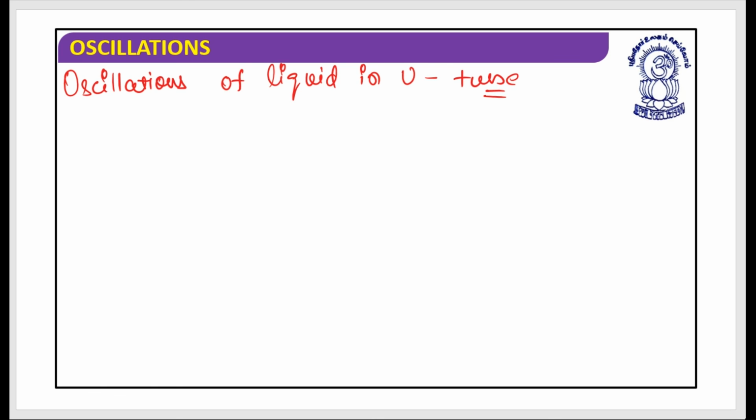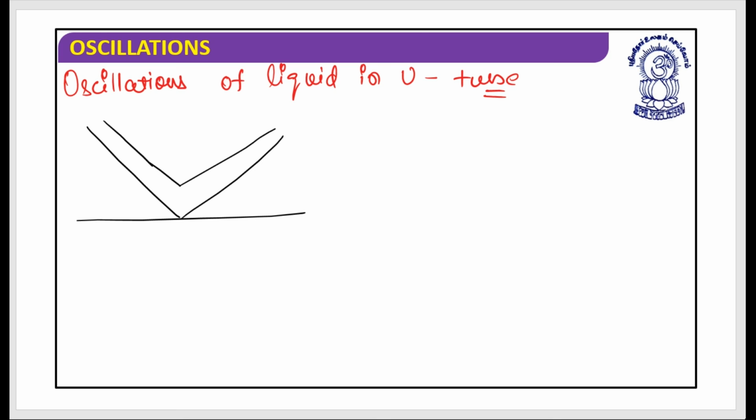So the situation would be something like this. This is the level, and let's say this is the U-shaped tube. And in this a liquid has been filled, something like this.